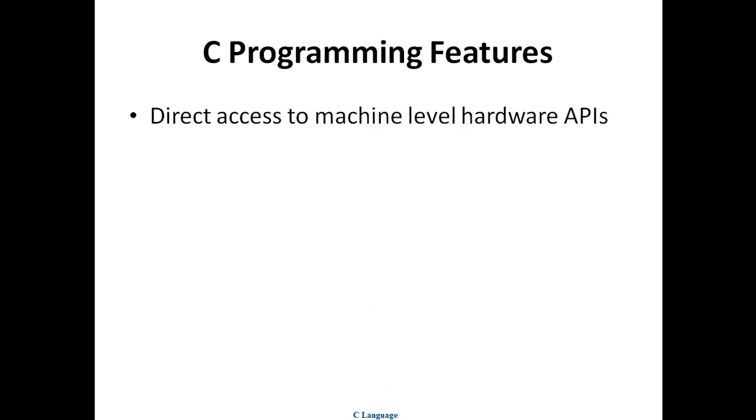The features of C programming: direct access to machine level, which I have already told you in the introduction, wherein we have different hardware APIs for that. We can do microcontroller programming, processors, and different types of things used in embedded programming. So the presence of C compilers.